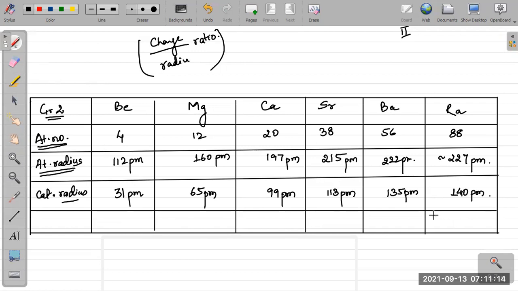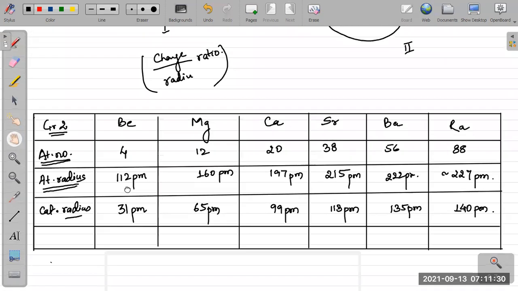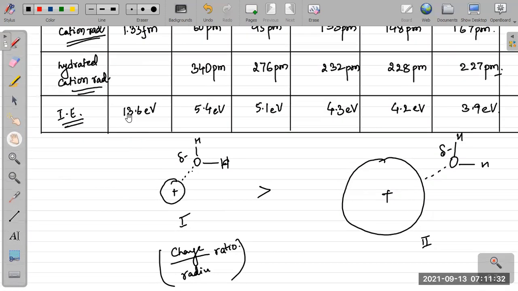There is no funny business in this. So the trend of both ionization energy 1 and ionization energy 2 down the group is going to be decreasing in its values. Ionization energy 1 value is going to be greater than the ionization energy value of group 1 elements.